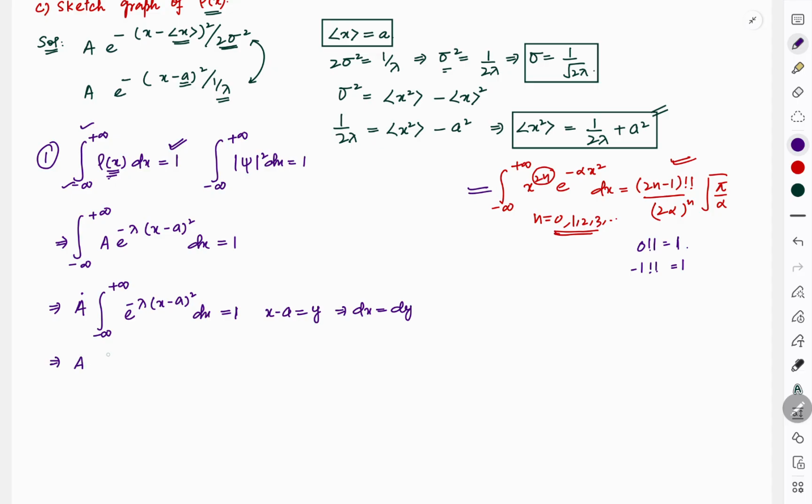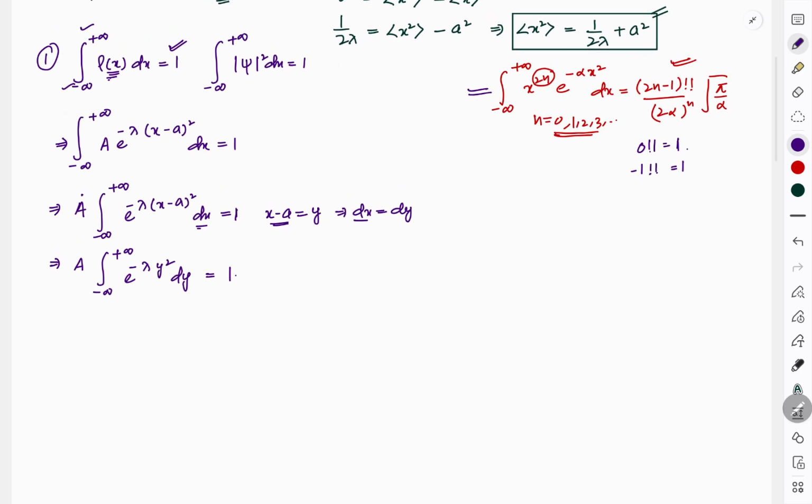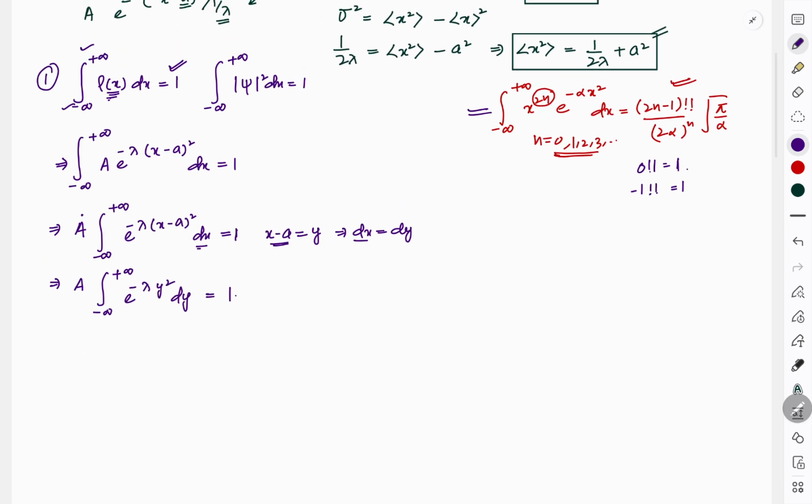So which implies A times the integral from minus infinity to plus infinity of e power minus lambda, in place of x minus a we put y square, in place of dx we have dy, equals 1. Now if we see here, we have y to the power 0. So here n is 0. So that means here it would be (2 into 0 minus 1) double factorial divided by 2, in place of alpha we have lambda to the power 0, root of pi by lambda.